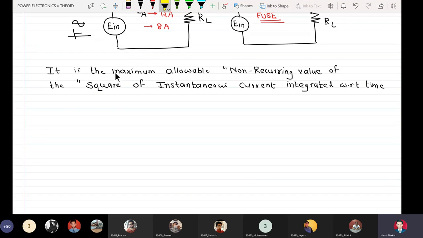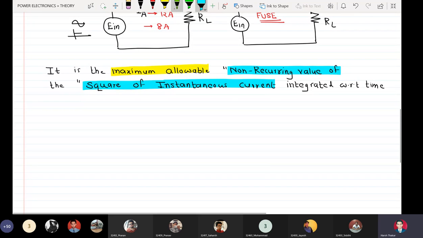So mathematically it is denoted like that.